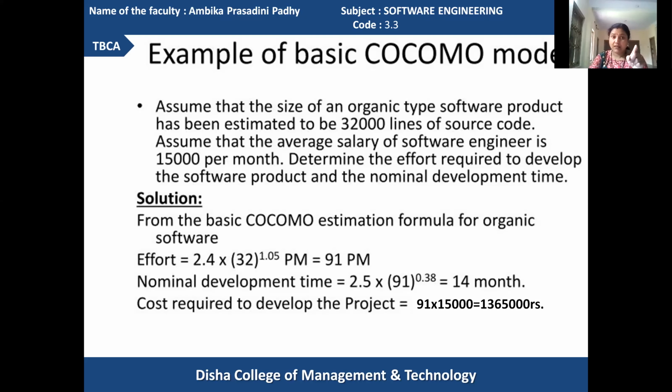Got it? In what manner is the calculation made? Let us view it. The lines of code we require to develop here is 32,000. Our expressions for effort calculation and time calculation require the information to be expressed in terms of KLOC.